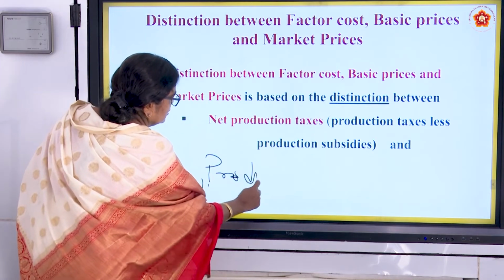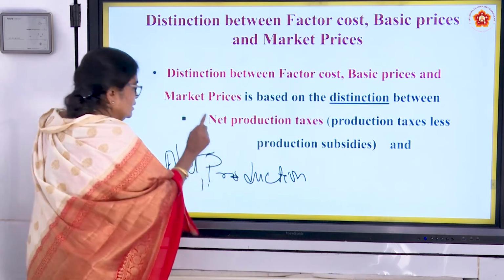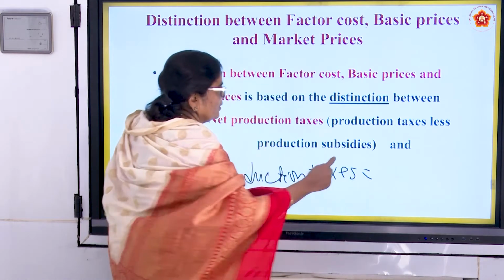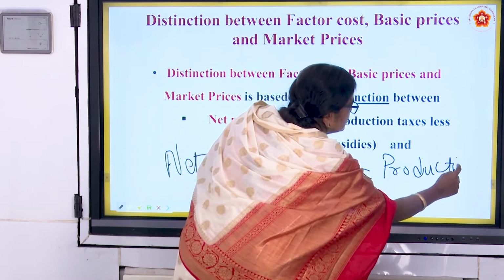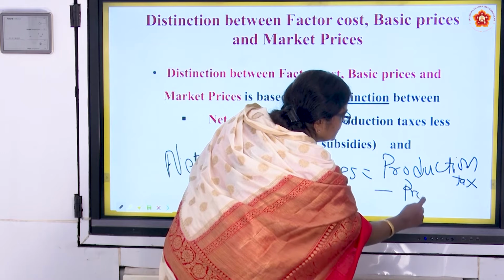Net production taxes is nothing but production tax minus production subsidies.